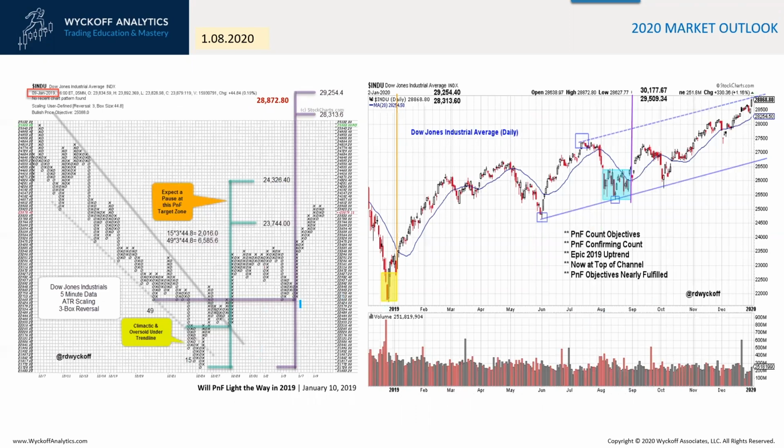So here is a count that I did in January of 2019, which was the completion of the low into the Christmas Eve low here. This count across, and we'll blow this up so that you can see it better.